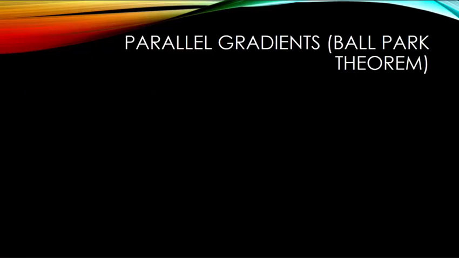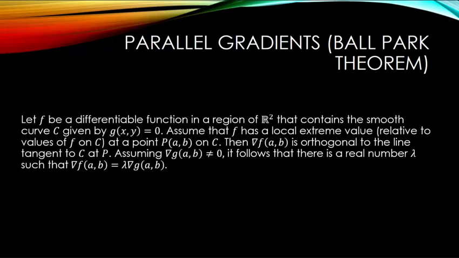So now we're going to talk about parallel gradients, and this gives me the Lagrange theorem. Let f be a differentiable function in a region of R2 that contains the smooth curve C given by g(x,y) = 0.